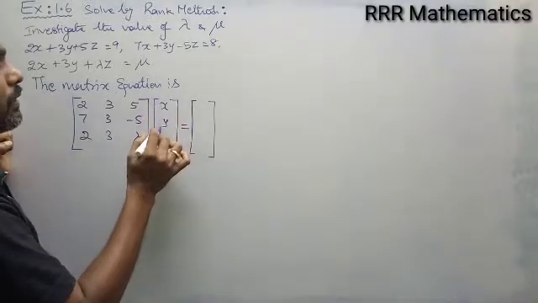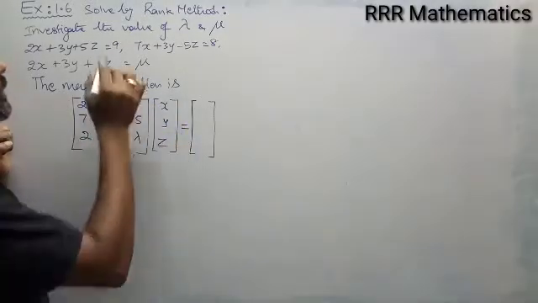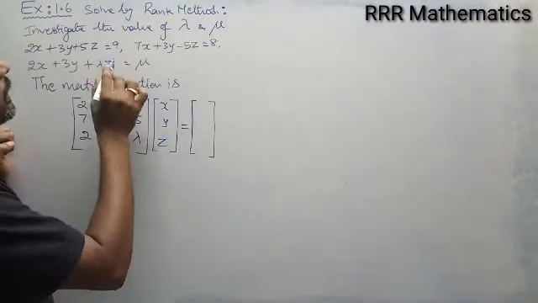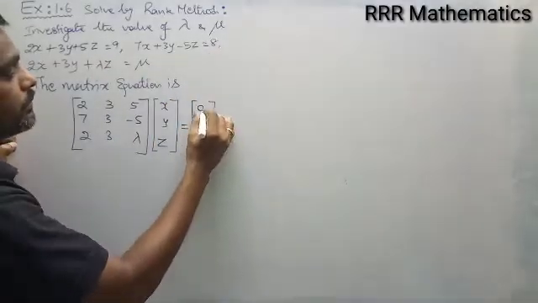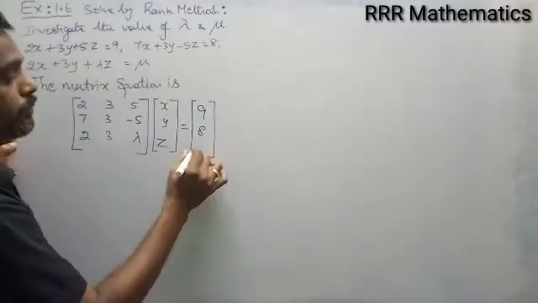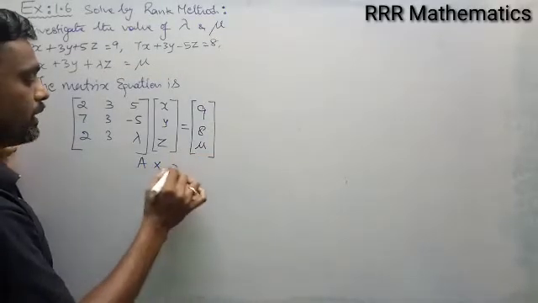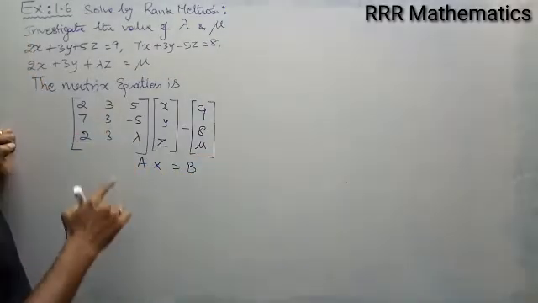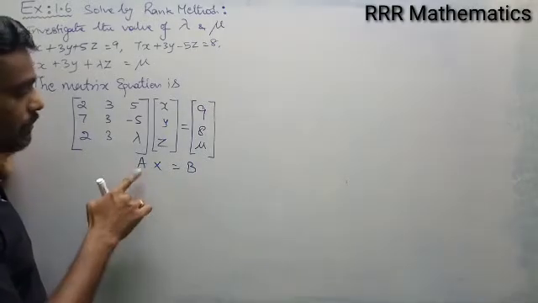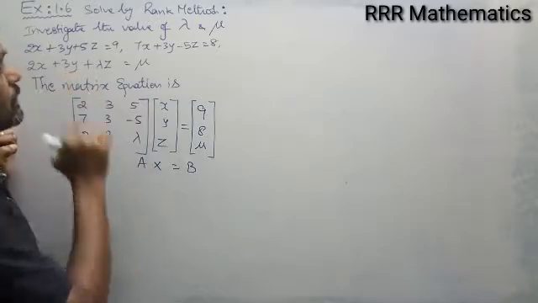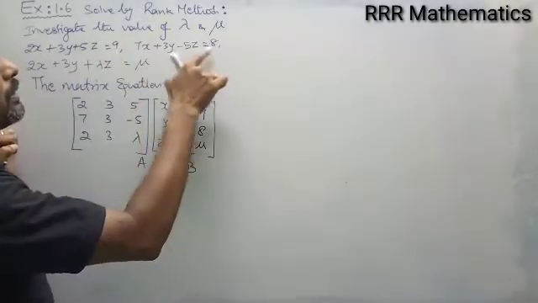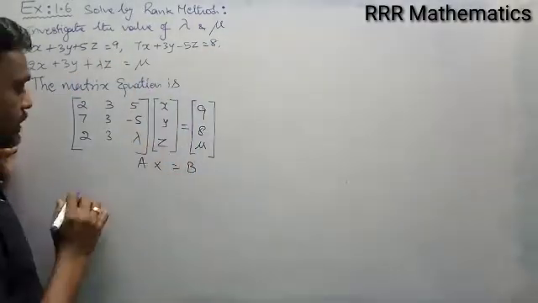The variables x, y, z equal the constant values appearing on the right hand side of the linear equations: 9, here 8, here mu. This is in the form of Ax equal to B, where A is the coefficient of x, y, z in order, x are the variables, and B is the constant values appearing on the right hand side of the linear equations.